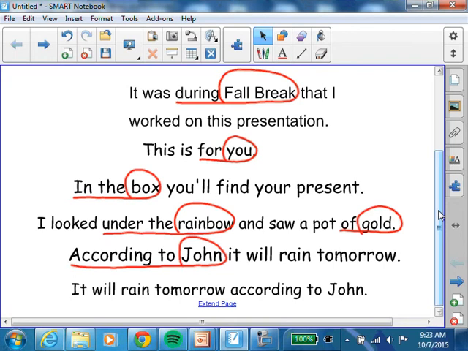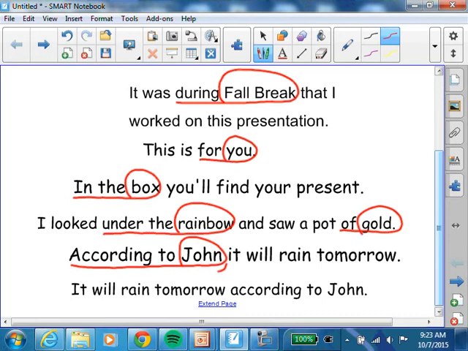Well, guys, in English, commas are sometimes necessary, sometimes they're just plain wrong, and sometimes they're optional. And when we're dealing with prepositional phrases at the beginning of the sentence, we're dealing with the optional category. You could put a comma after John so that it read, according to John, comma, it will rain tomorrow.